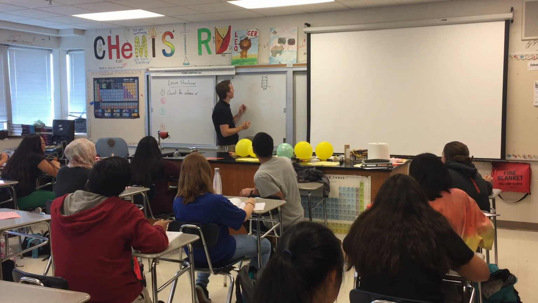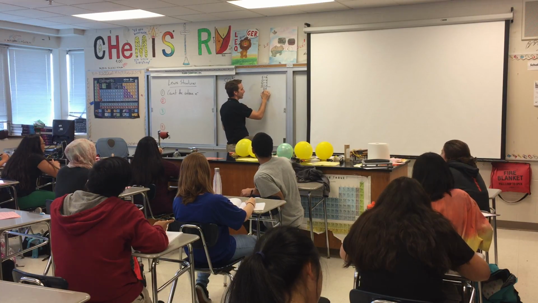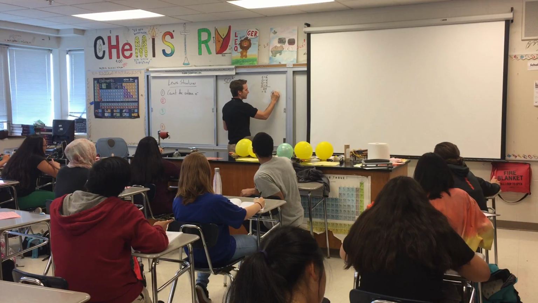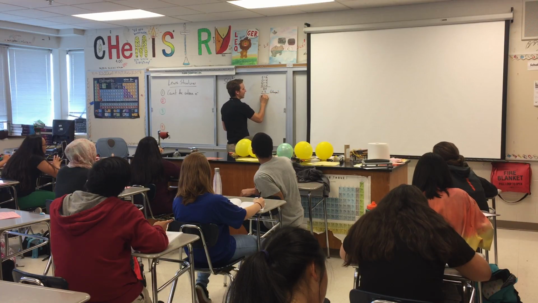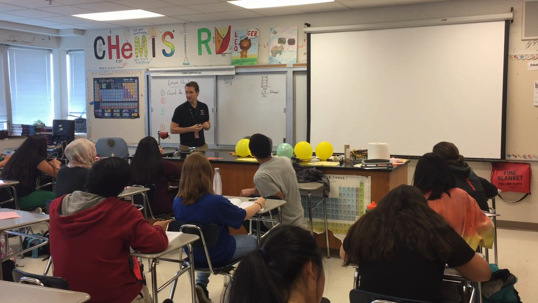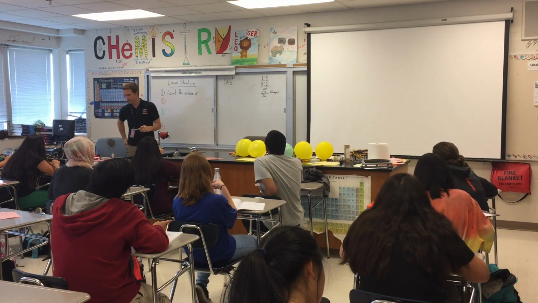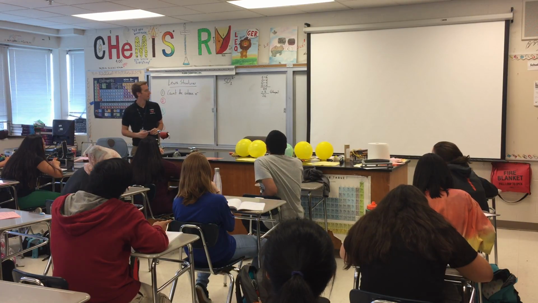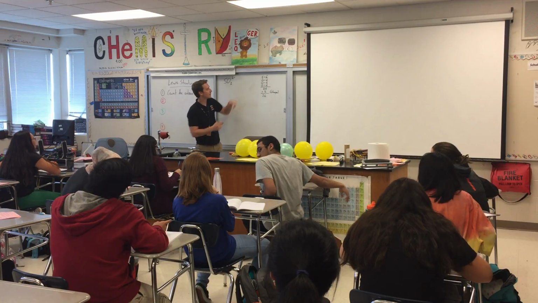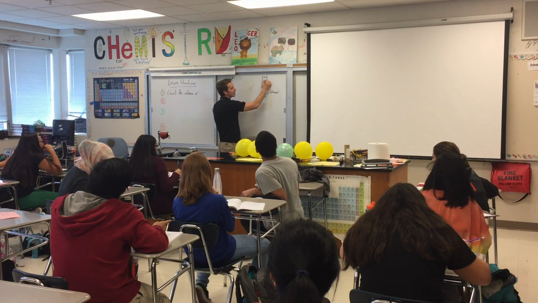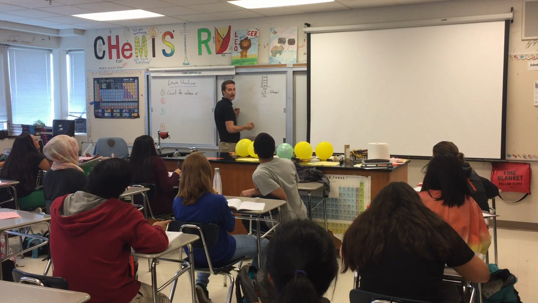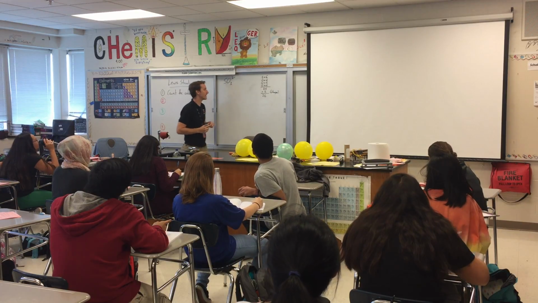But it's a -2 charge, so I'm going to add 2 more, take into account the charge, and we get 26 total electrons. Sulfur equals 6, oxygen equals 6, oxygen equals 6. Those are the number of valence electrons they have.